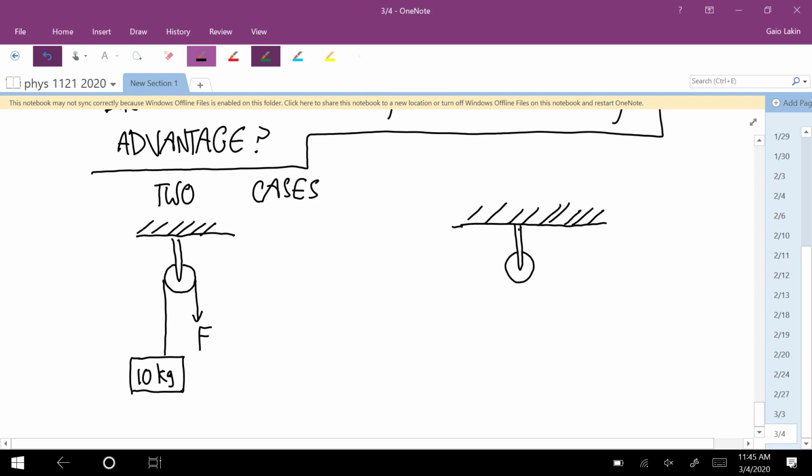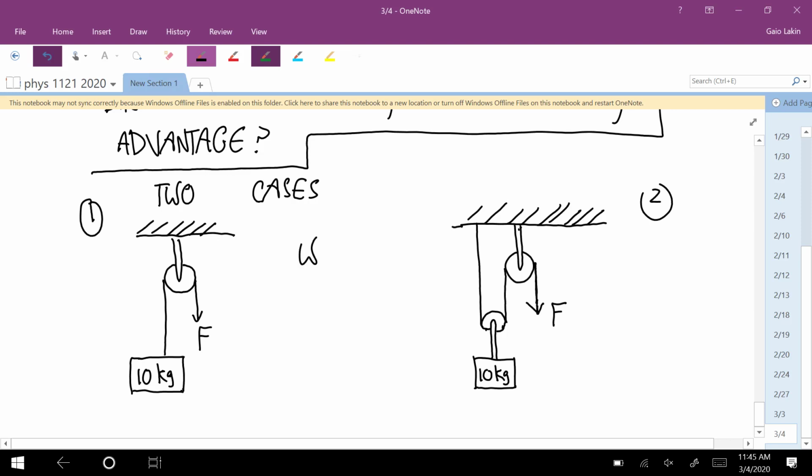And then we have a separate hanging pulley that's connected to our 10 kilogram mass. And the cable goes through the two pulleys over this one. What's the force F required here? So let's think of this one as case 1 and this one as case 2.